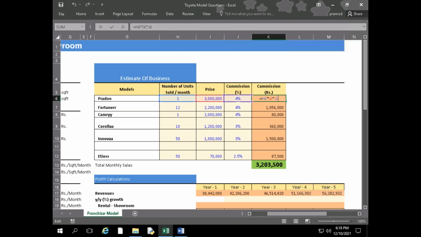H6 into I6 into J6. You should get the answer, no? The percentage value is not matching perfectly. Why is it coming like this, sir? That is the error it is showing, sir. Value error. You have given the value wrongly. You have typed the amount here, this 4%. No, sir, I have not typed it, sir. See, sir. Will send, will send.